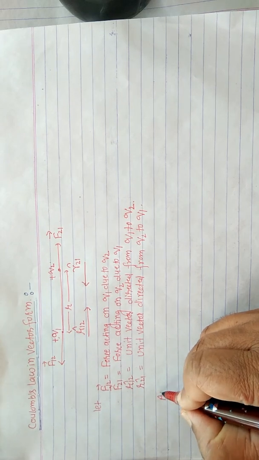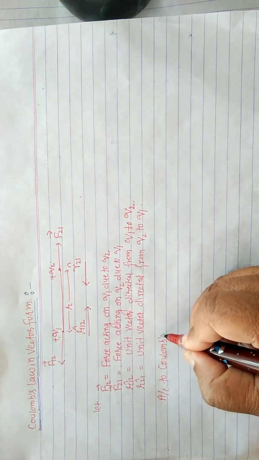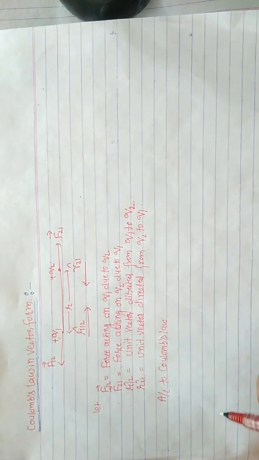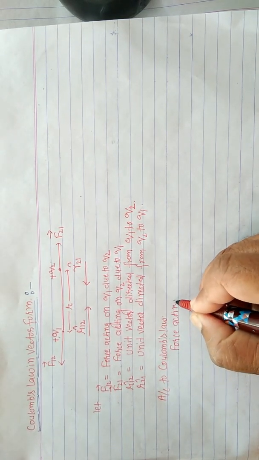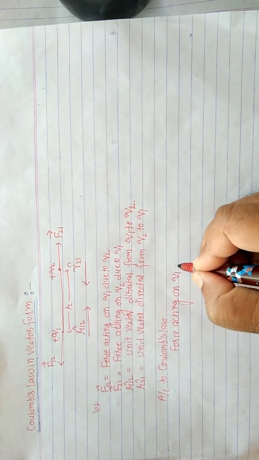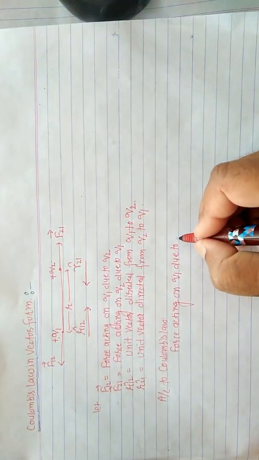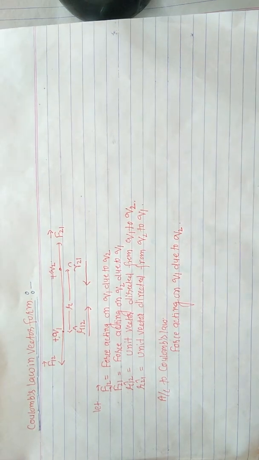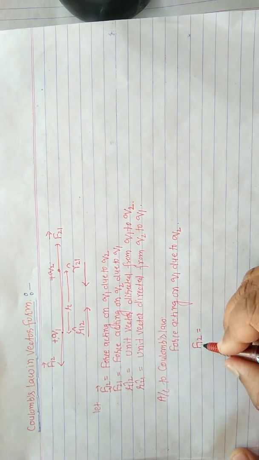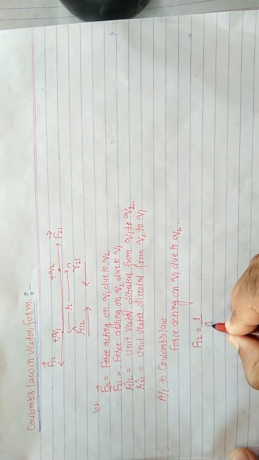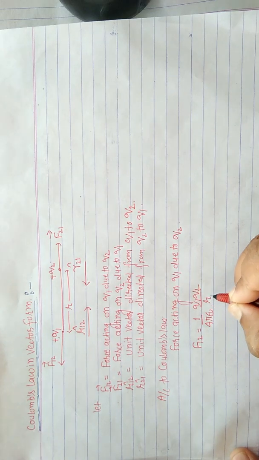So according to Coulomb's law, the force acting on Q1 due to Q2, F12, will be equal to 1 upon 4 pi epsilon naught Q1 Q2 upon R square.